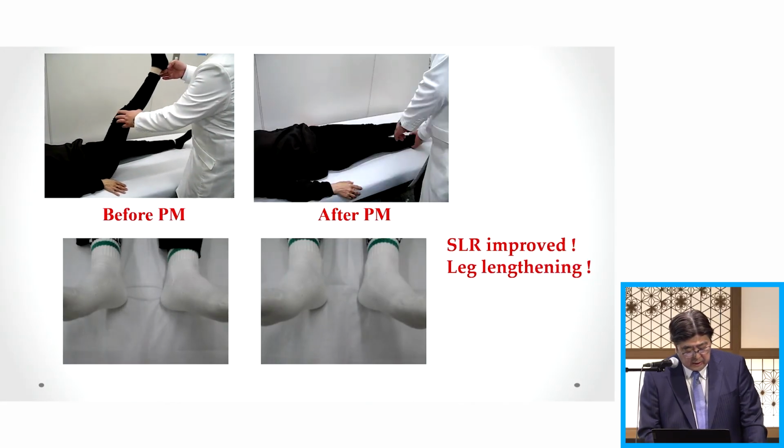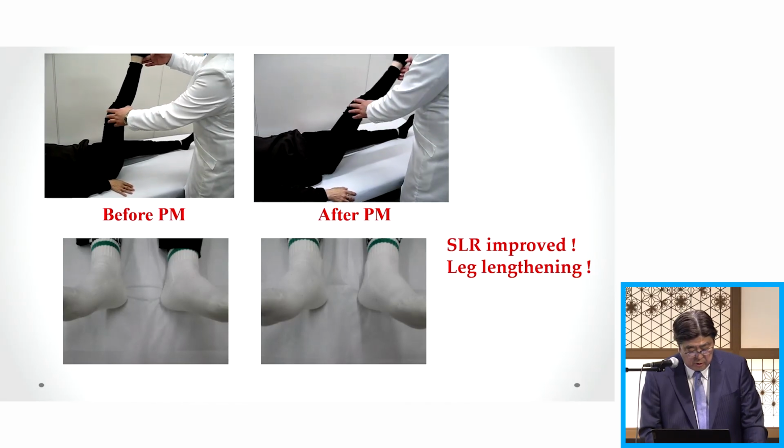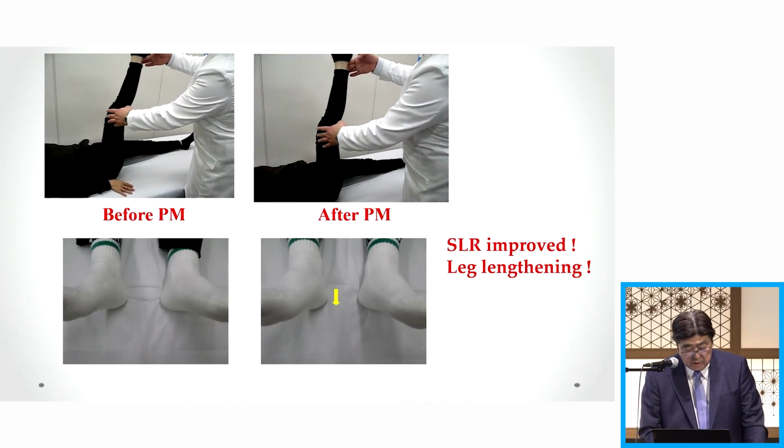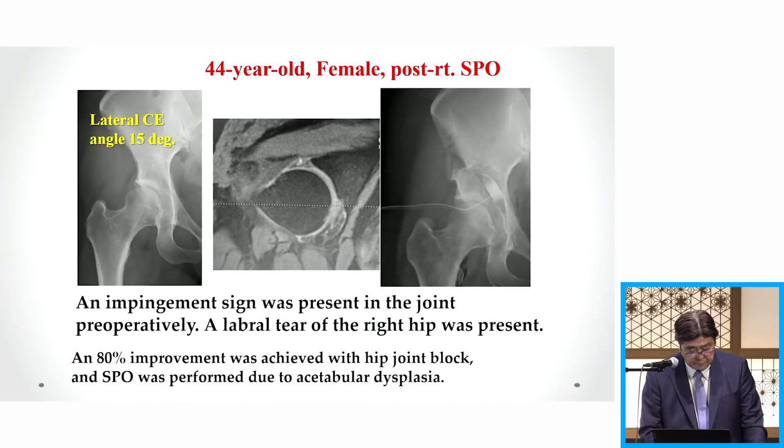And also SLR and the leg length improved, just with the pelvic mobilization only. The mechanism is unclear, but it's a fact that relieving SIJ hypertonicity reduced joint and muscle tension.